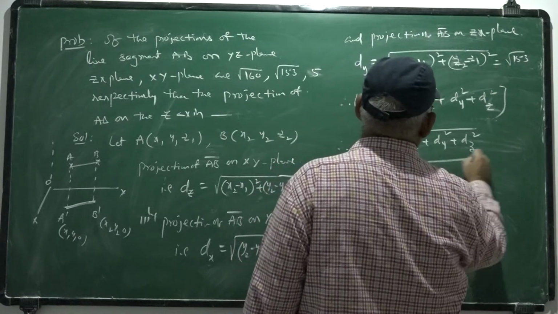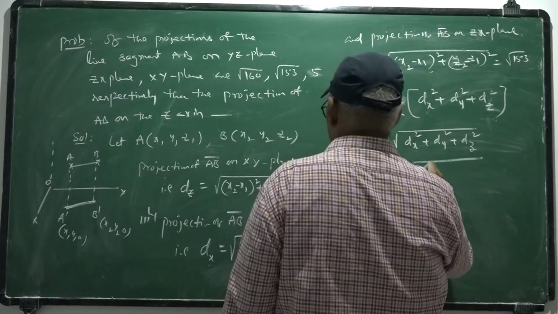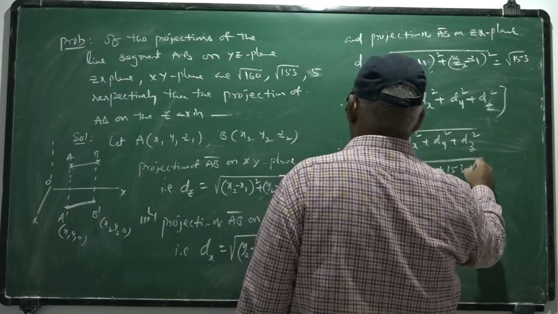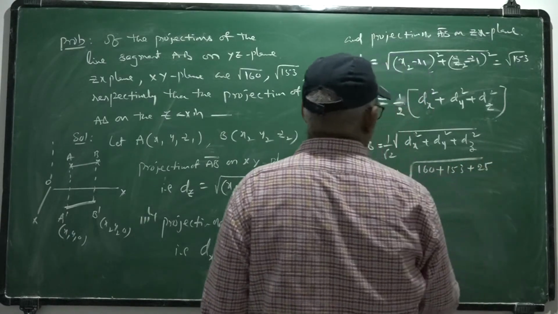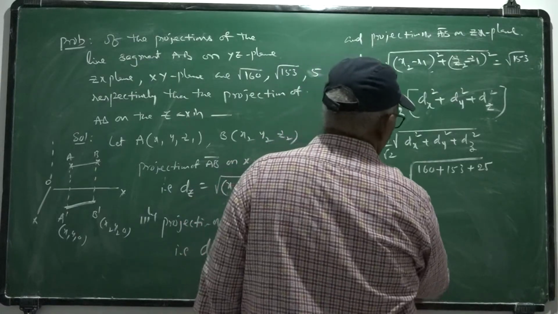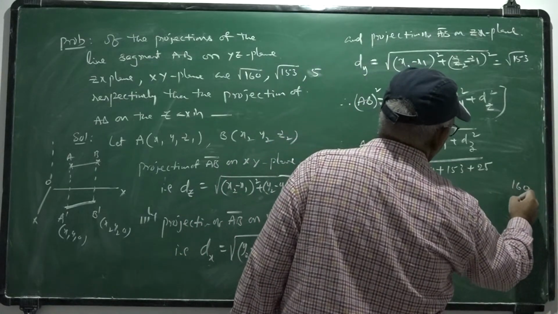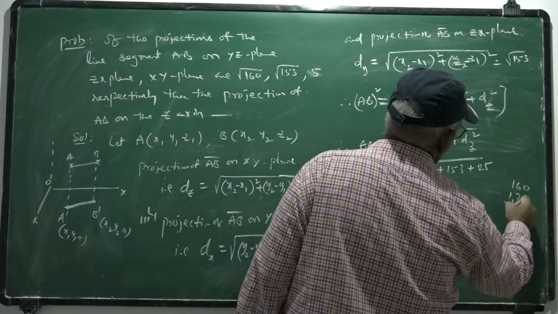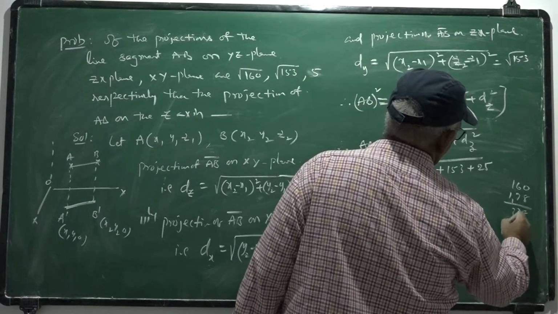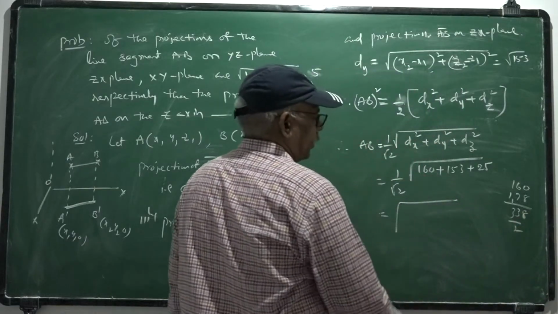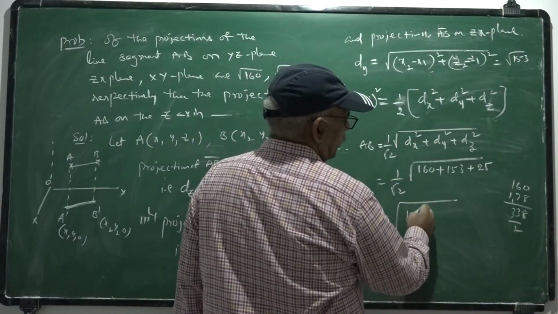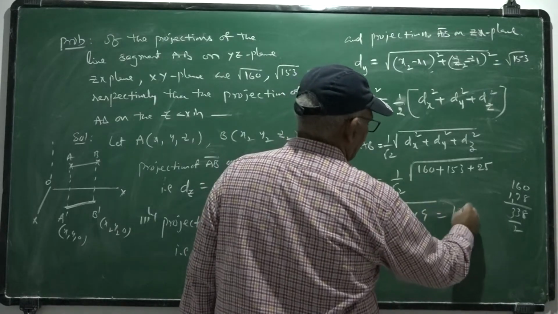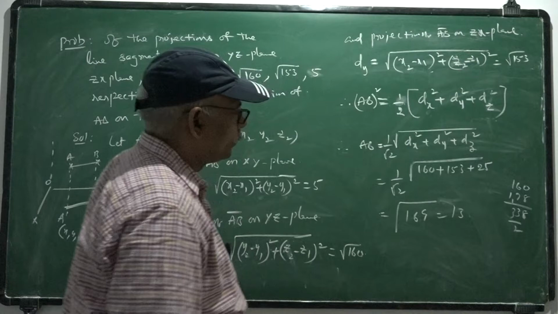1 by root 2 into square root of 160 plus 153 plus 25, under root 160 plus 178. 8, this is 13, 3 by 2. 1, 6, 12, 9, which gives us 13 itself.